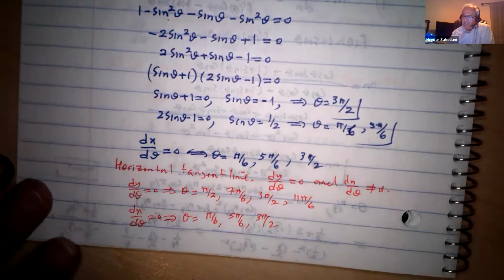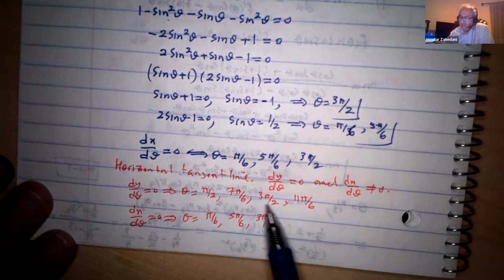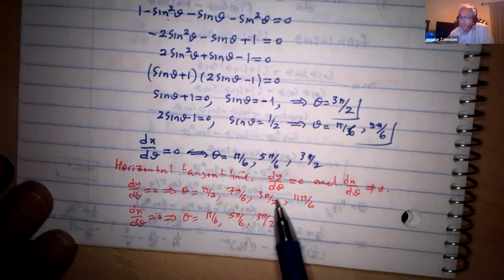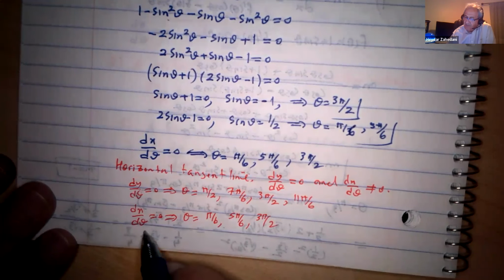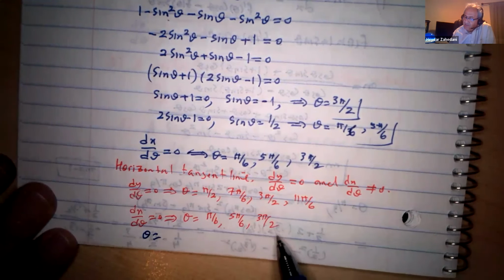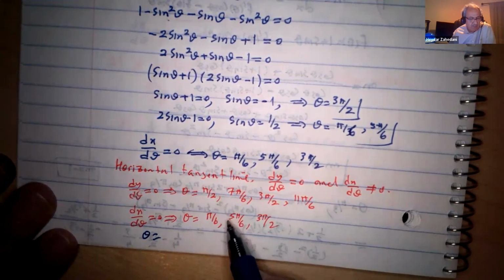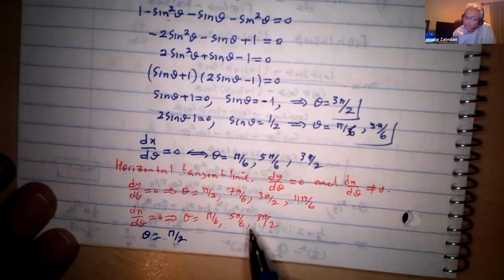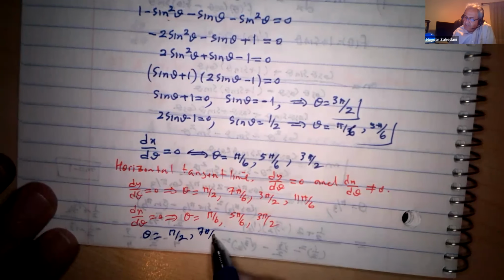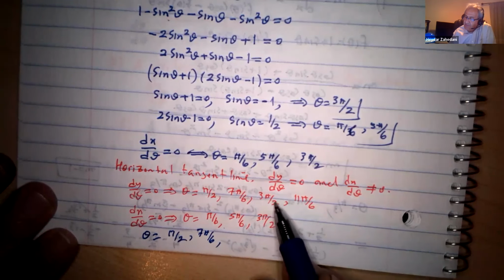So in this case, you can accept any point of the first part that is not in the second. You see π/2 is not here, so we get π/2. 7π/6 is not here, so we can have 7π/6. 3π/2 is here, so you cannot pick this one.